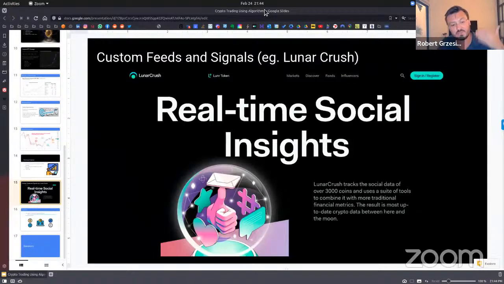So they'll give you a really good indication that this coin's maybe about to take off. These guys have an API that allows you to connect your bot directly to them. I think you have to pay like $40 a month or something. You connect directly to them and they'll give you that indication, like this coin's about to take off. Your bot can read that and automatically trade it for you.